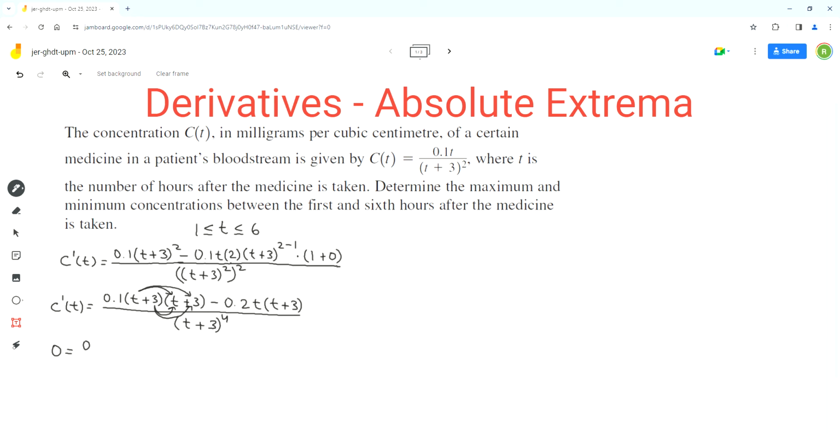So we get 0.1, and then parentheses we get t² + 3t + 3t + 9, and then close the parentheses. And in the next part we can distribute 0.2t into the parentheses. So we get negative 0.2t² negative 0.6t over the denominator.